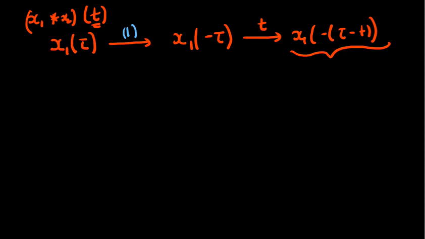And shifting happens towards the right. Why? Because I have written it like this. See, x1(t minus tau) can be written like this. So now it is more clear that we are shifting towards the right, delaying, right? You are delaying.